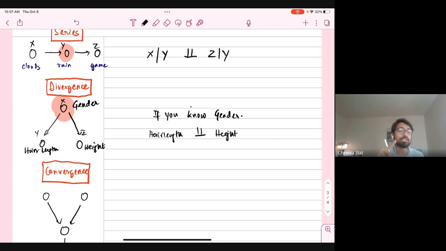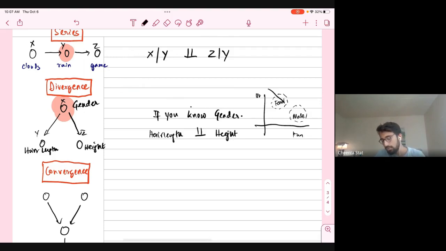But if you don't know the gender, they are dependent, because the gate is open and the information passes. If you don't know the gender, you will see a negative correlation, because there will be two clusters. If you collect data, you can do this as a small project of your own. Take hair length and height, and you will see a female cluster where hair length is larger and height is smaller, and a male cluster where hair length is small but height is taller.